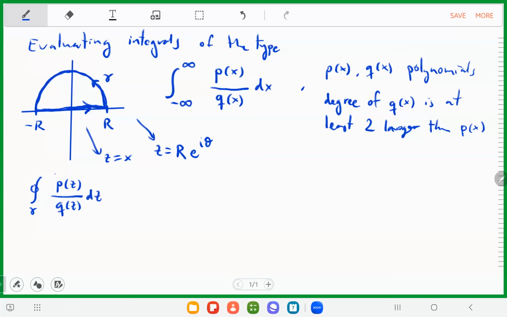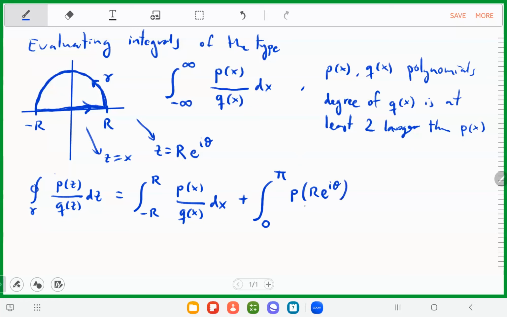Okay, so the contour integral of this function will be the sum of the real integral over x between minus r and r of this evaluated on x plus the integral around the semicircle, which is an integral on theta, starting at 0 and ending at pi, right? Here we have to evaluate p at r times e to the i theta.